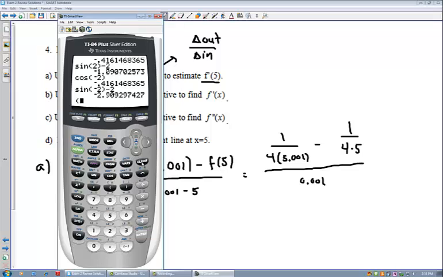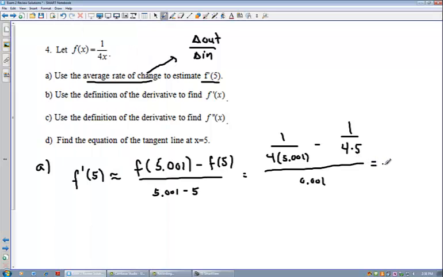So I have 1 divided by 4 times 5.001 in parentheses, and then minus 1 divided by 4 times 5, which is 20, so I'll just do 1 divided by 20, in parentheses, divided by 0.001. And I should get out a nice number, which it looks like negative 0.01.